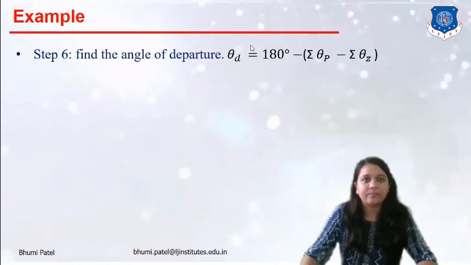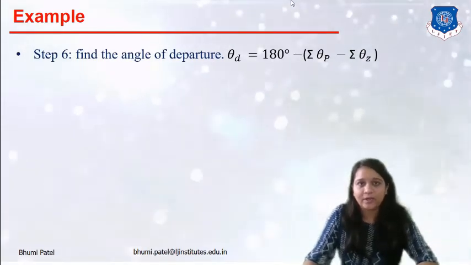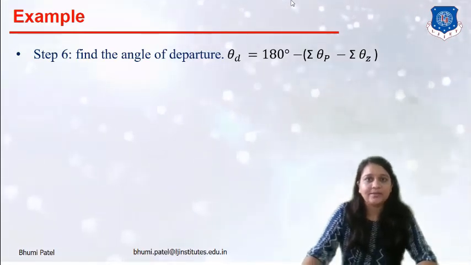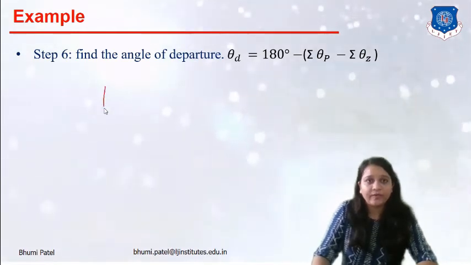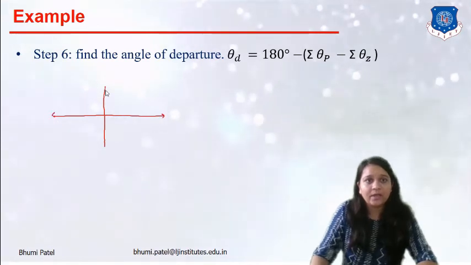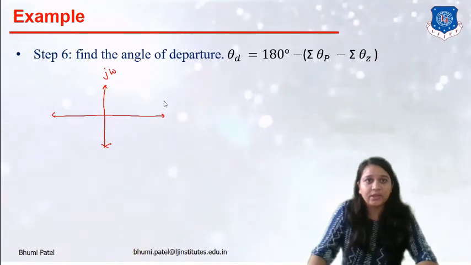Now step number 6, find the angle of departure. Theta d is equal to 180 minus the summation of theta p minus the summation of theta z. Now how can we find the angle of departure? For that, compulsorily the poles must be located in the imaginary axis.